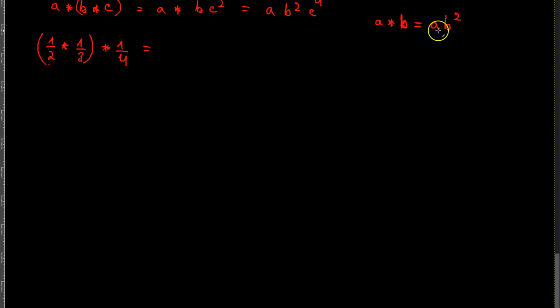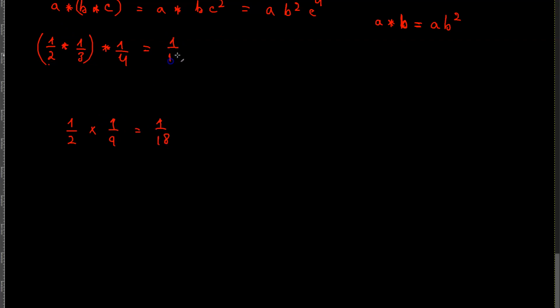So 1/2 star 1/3 is the same thing as 1/2 times the square of this, which is 1/9, which is equal to 1/18.